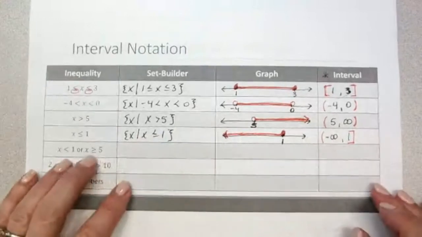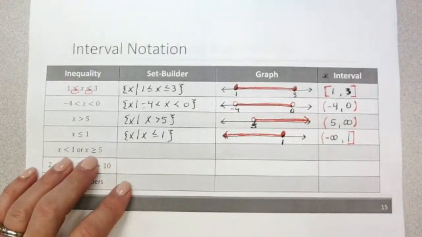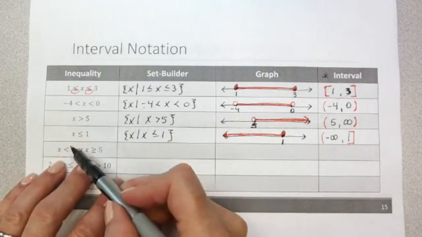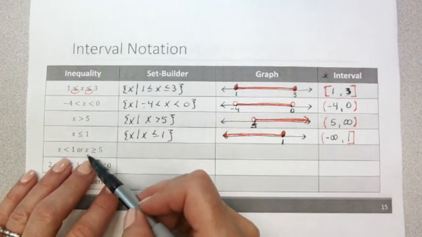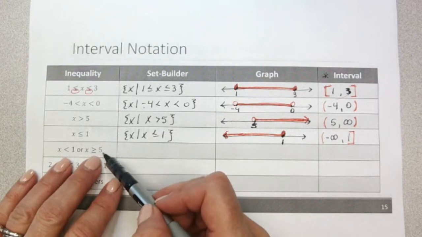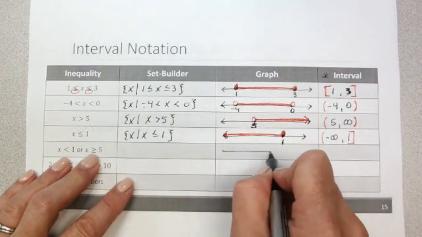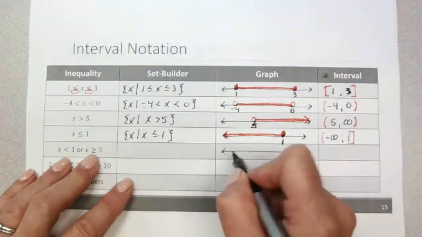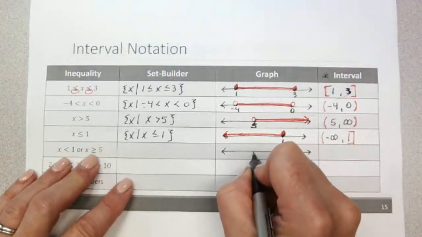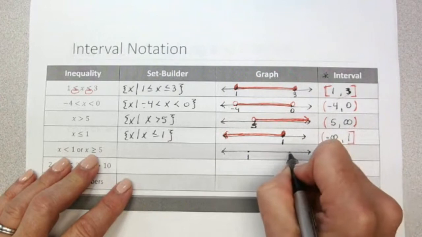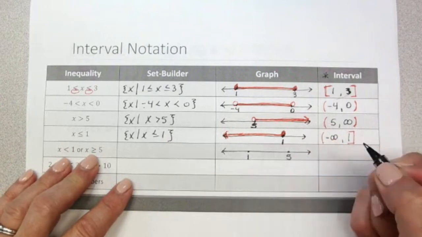Okay. This next example has 2 inequalities in one statement. Our value here can either be less than 1 or it could be greater than or equal to 5. Well, let's see. Let's graph that on the number line. All right, we'll say 1 is here for this example and 5 is here.